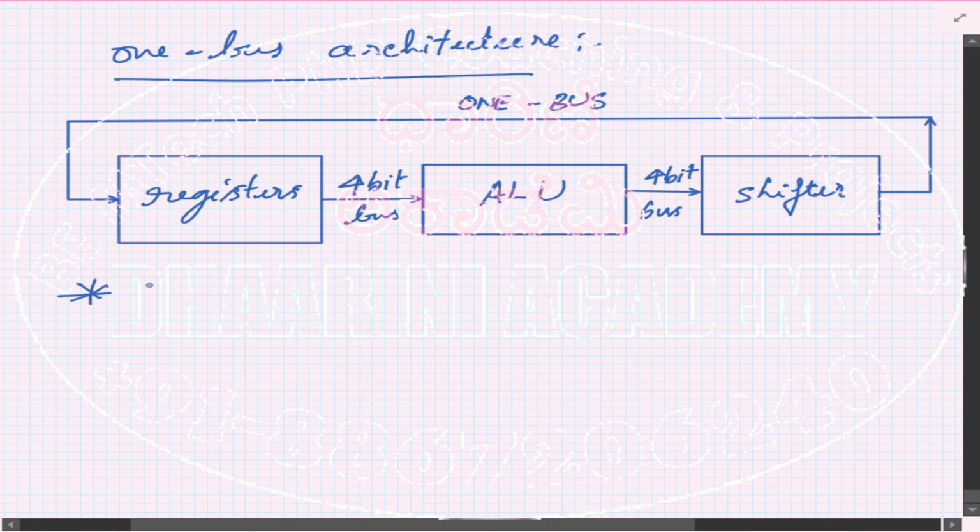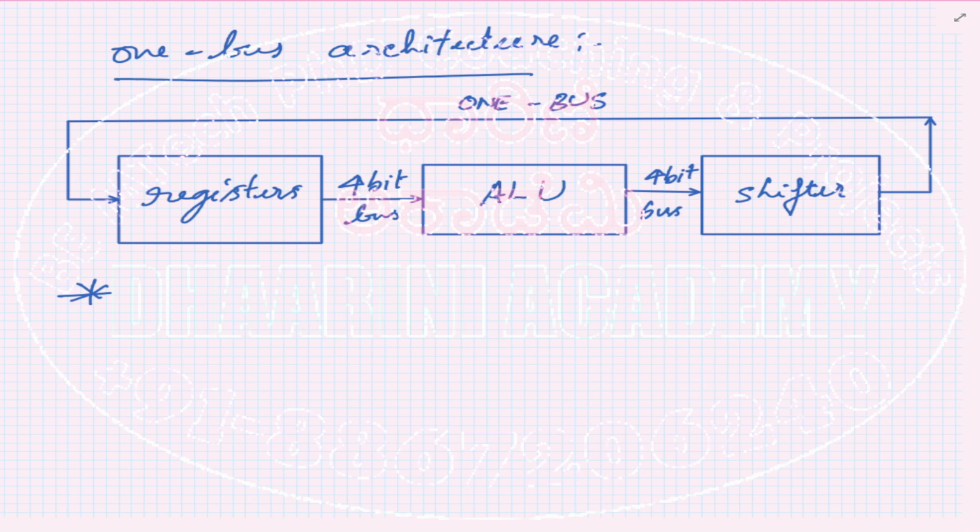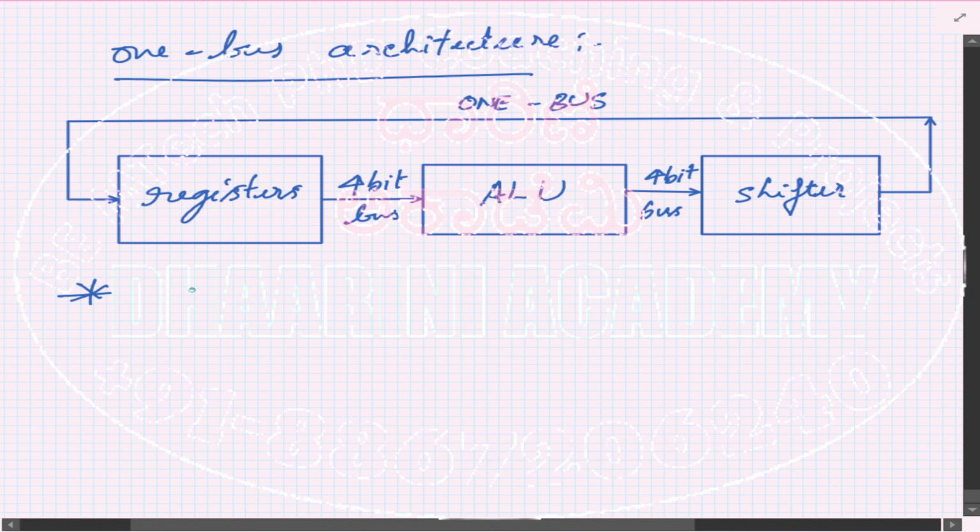Let us say we have an operation, maybe addition of two 4-bit numbers. How are you going to carry that out? This is how. First, you take one of the operands. I'll write: first operand from registers to ALU.